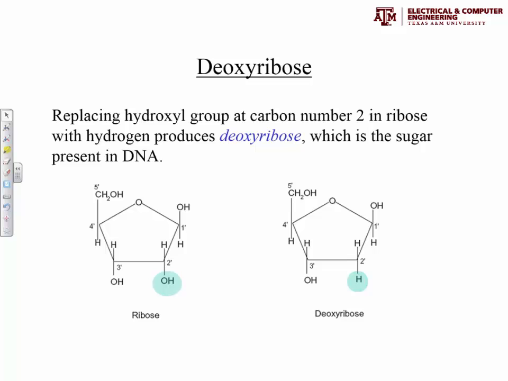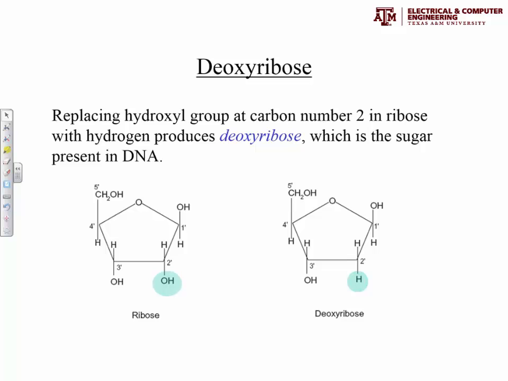Now, if you start with ribose, and here you have a hydroxyl group at the 2 prime location, if you replace this hydroxyl group with hydrogen, that means you have taken away oxygen. Then you get a new sugar which is called deoxyribose. So the only difference between this and this is that instead of a hydroxyl group, you have a hydrogen. Oxygen has been taken away. This is deoxyribose.